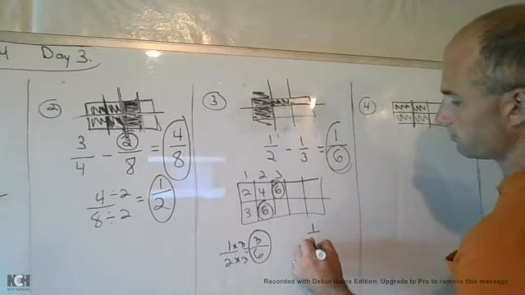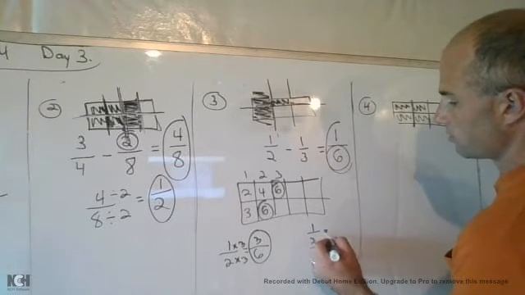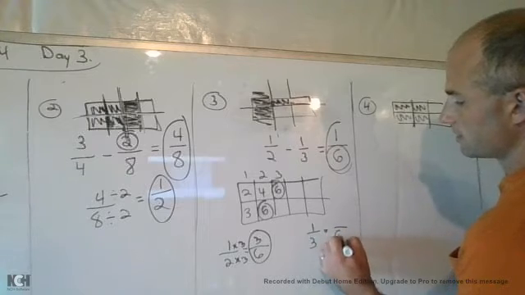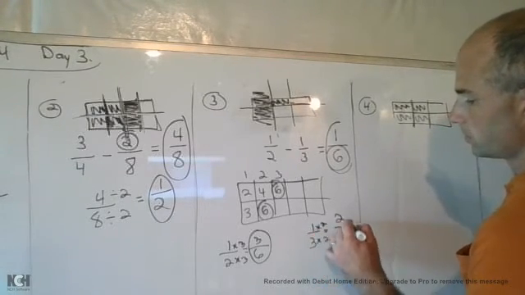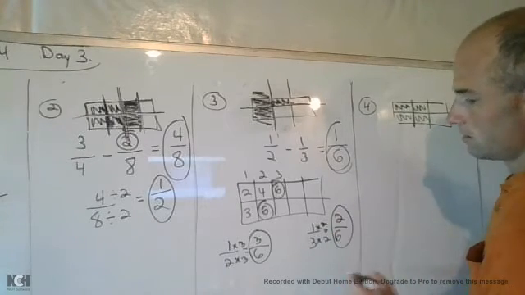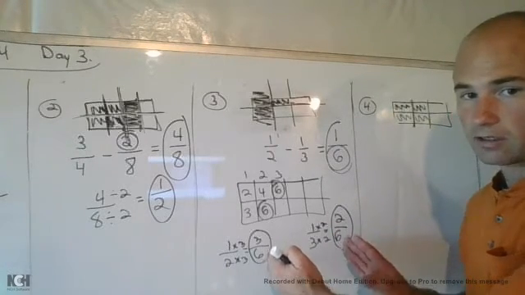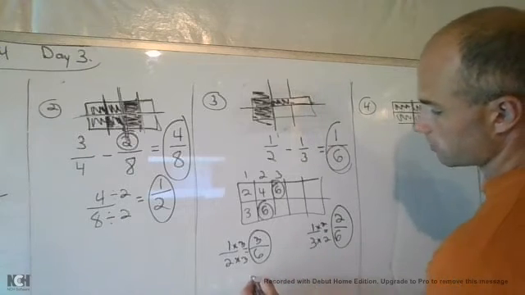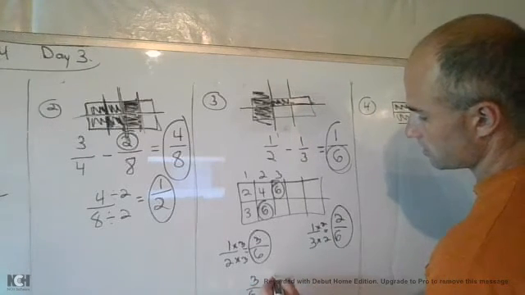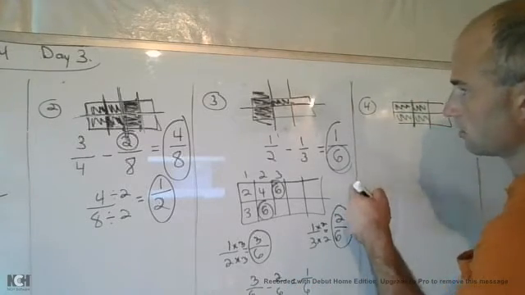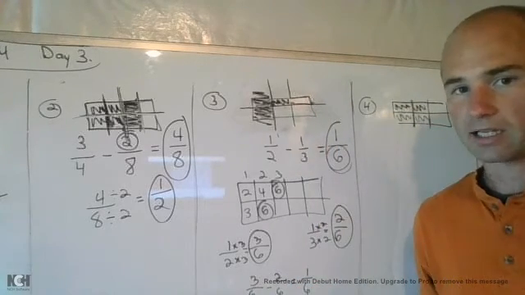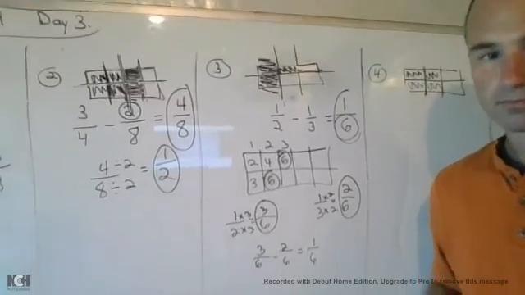I'm going to take 1/3, turn that into a fraction that has a denominator of 6. It took me 2 times to get there. 2/6. Now that I have common denominators, I can now officially subtract 3/6 minus 2/6 to get 1/6, which is what my picture showed me I had left anyways.